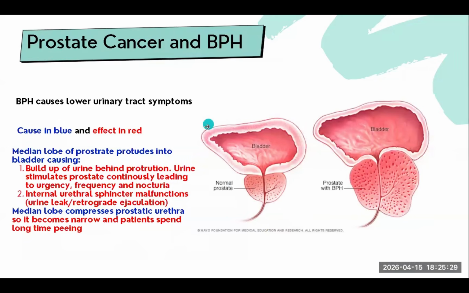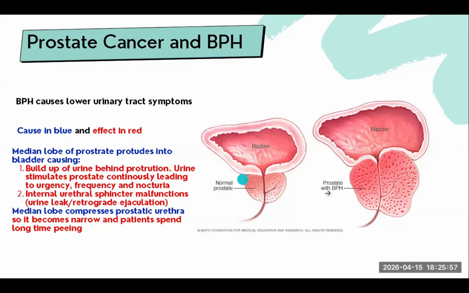Now let's talk about benign prostatic hyperplasia. BPH generally causes lower urinary tract symptoms, and not all of them would be present in every patient. However, most of them will be. The cause would be in blue and the effect would be in red. The median lobe or the transitional zone of the prostate in benign prostatic hyperplasia would protrude into the bladder.